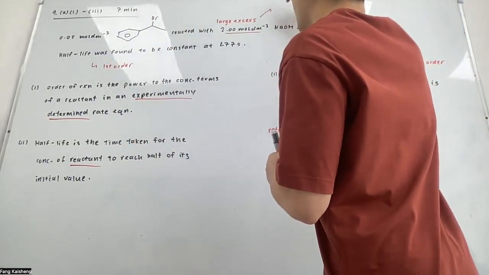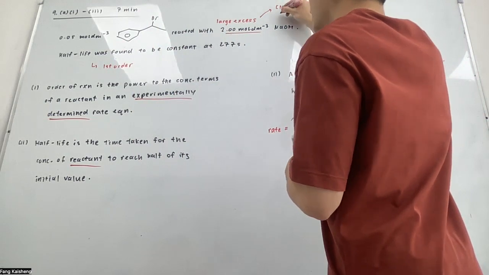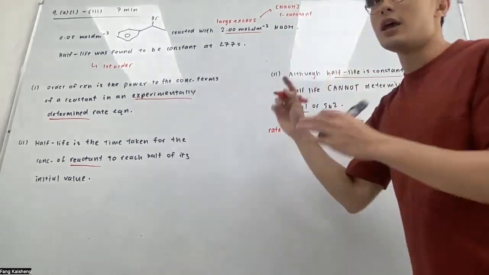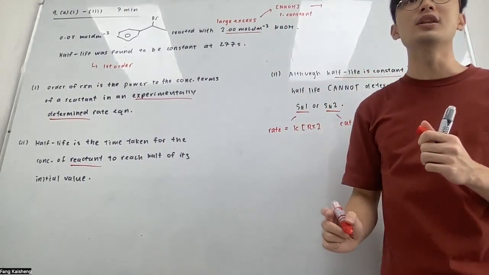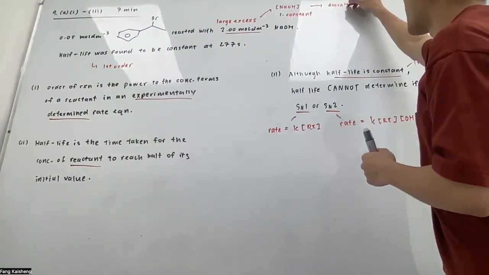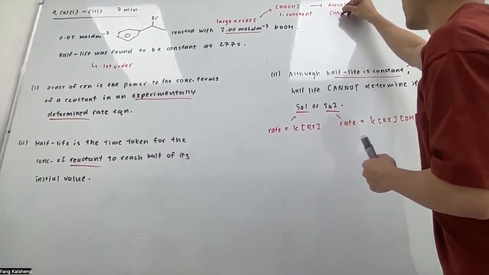If you put this one in large excess, that means his concentration is what? Relatively constant, or you can treat it as constant, right? If the concentration is relatively constant, does it affect the rate of the reaction? No. It doesn't affect the change in rate.